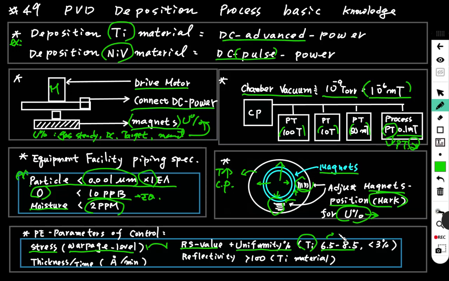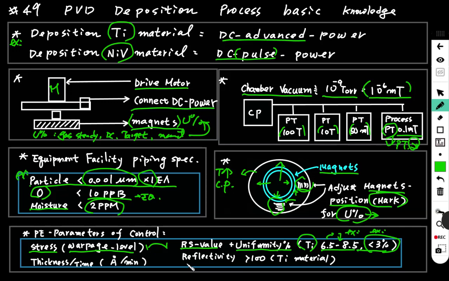Inferior equipment has a basic range, for example, just like this. And for example, the uniformity below 3% is a basic inferior equipment performance.